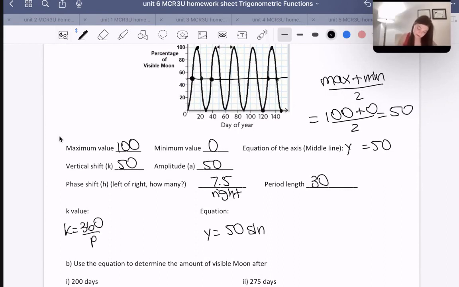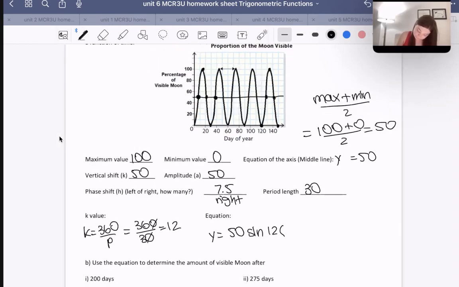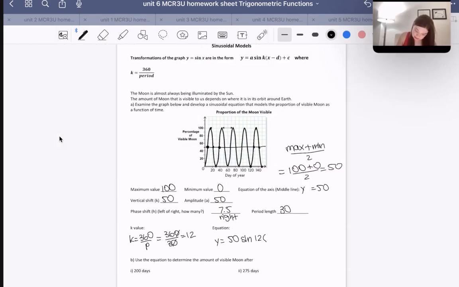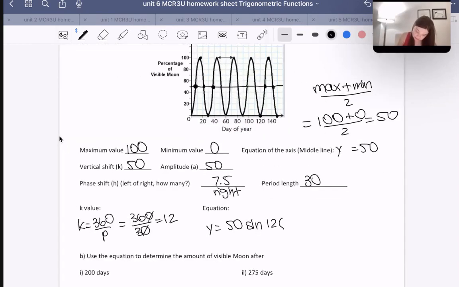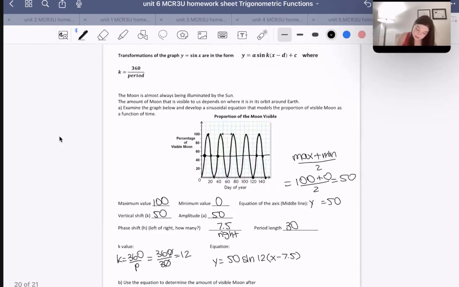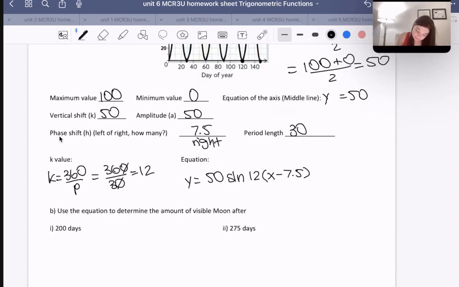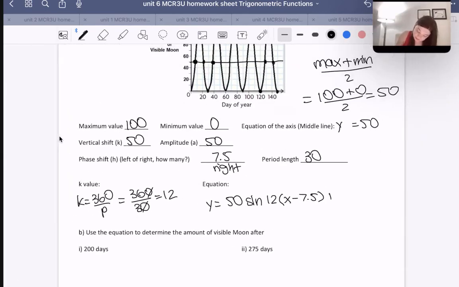We know that the period length is 30, so that means the k value is equal to 12. Yes, 12. So I'm going to put a 12 here. And then x minus d. Well, we know that the phase shift was 7.5, right? So I'll put x minus 7.5 there. And then we're going to go up to get to the midline, so plus 50. And there's my equation.